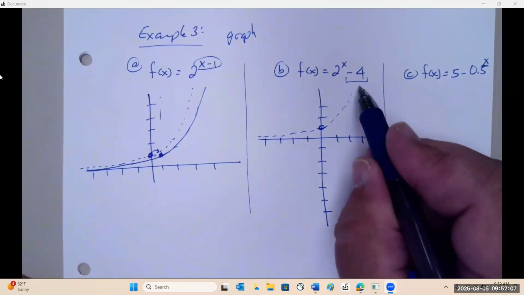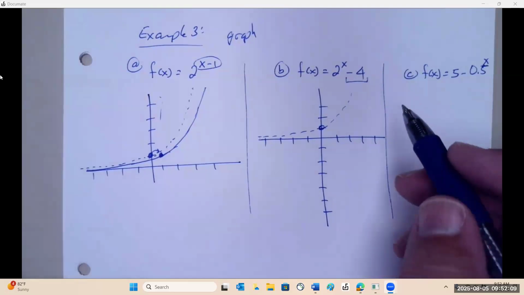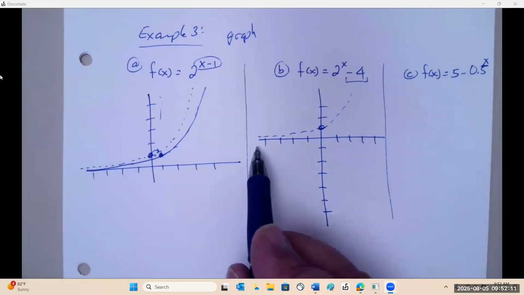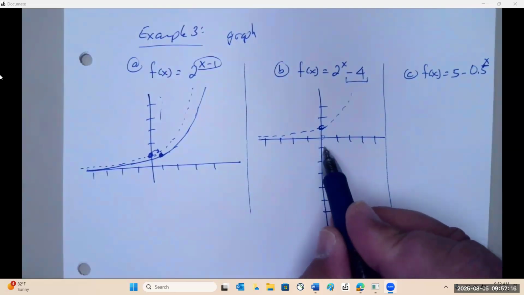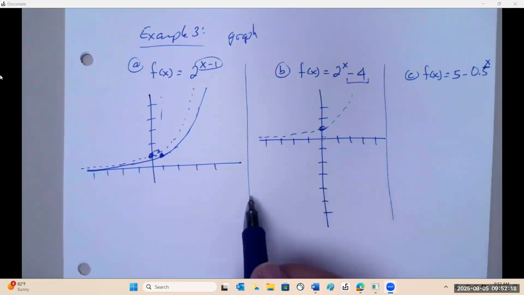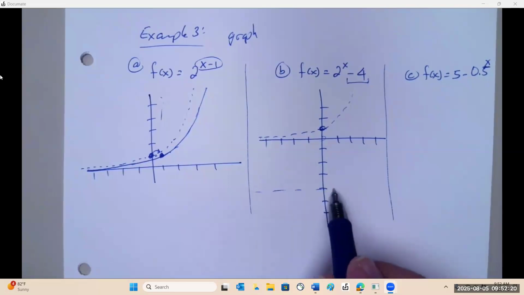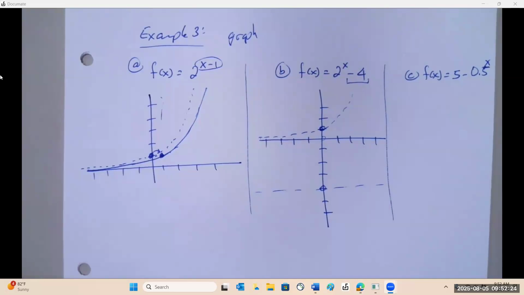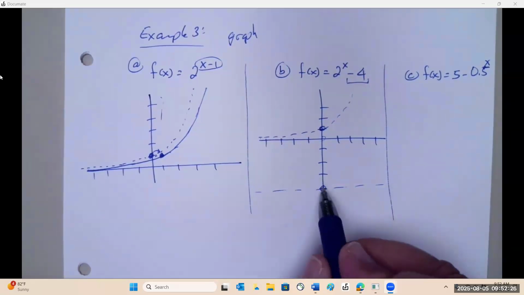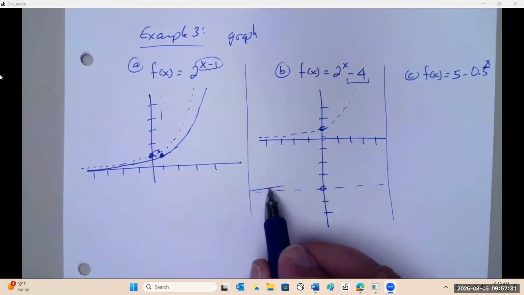Since this is a vertical shift, the whole graph shifts down 4 spaces. So the x-axis is now down here. There's my new origin. The intercept is 1 over that. So the graph looks like this.